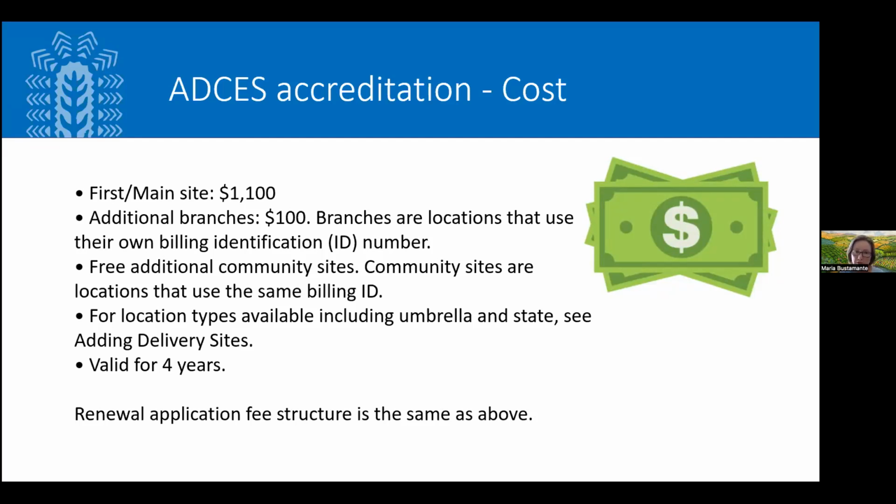If you're using only one billing ID for all of your locations, then they're considered community sites and they're free. If you're billing with different billing IDs, then there's an additional charge as a branch. Their accreditation is valid for 4 years, and there's a renewal application fee structure, which is similar.